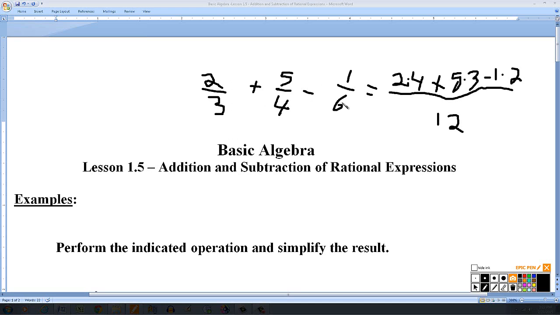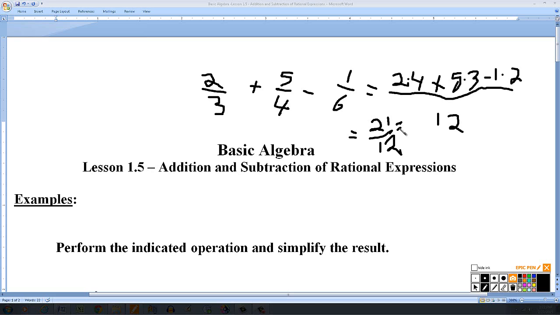So I have the same denominator. So now if I combine this, now I can add this stuff. So this is 8 and 15. 23 minus 2, that's 21 over 12. And then of course we have to simplify. So the numerator factors into 3 times 7.